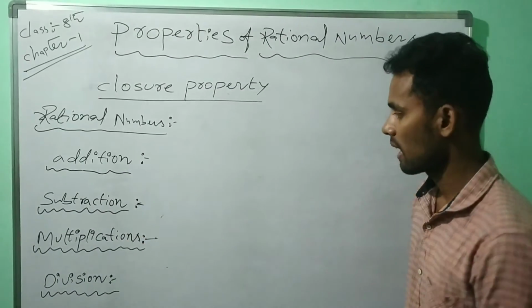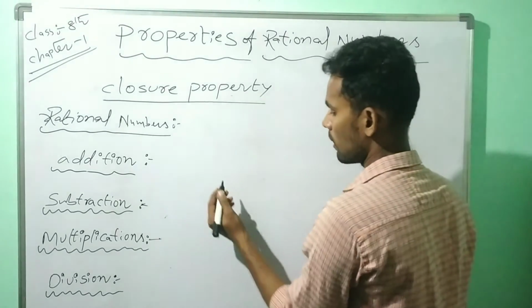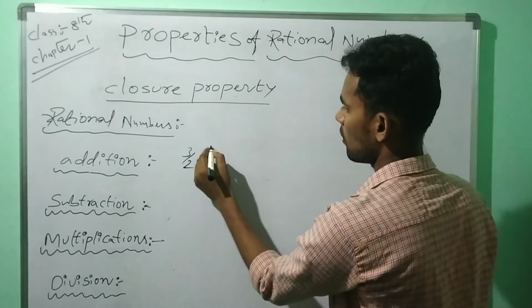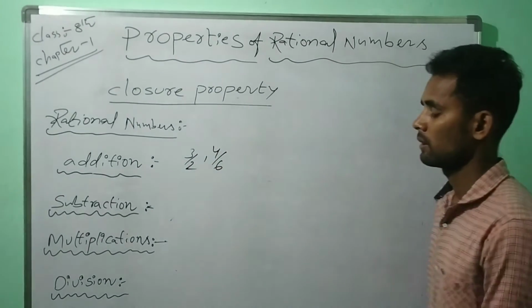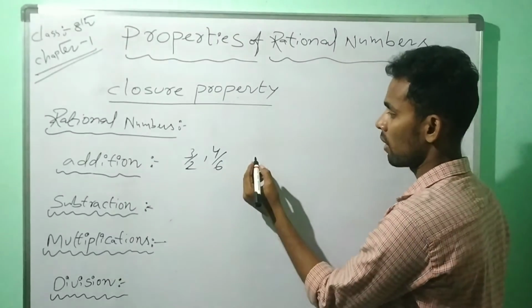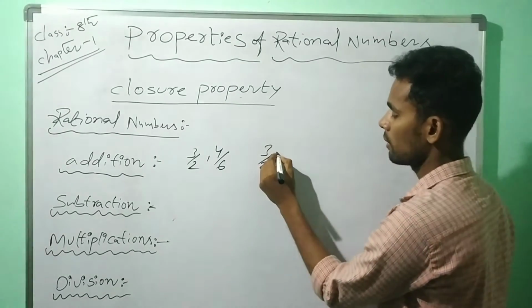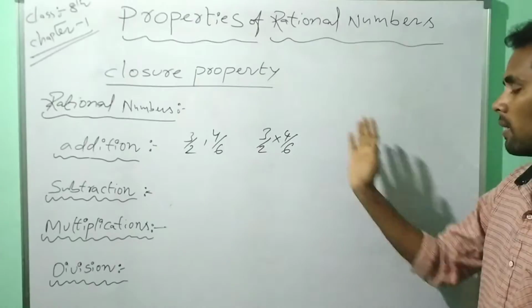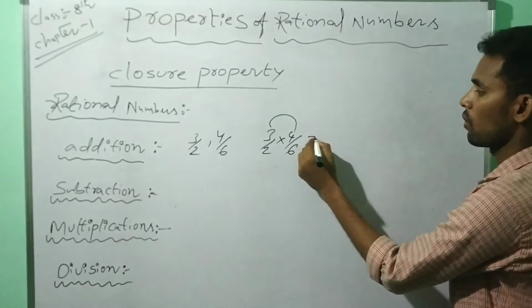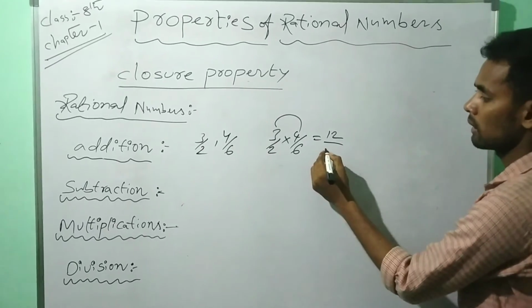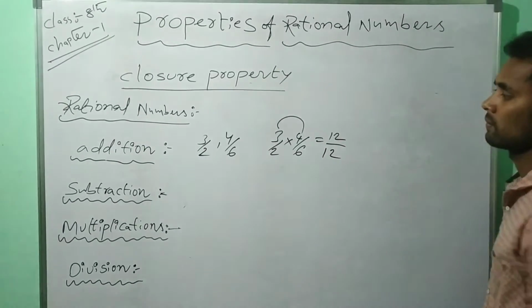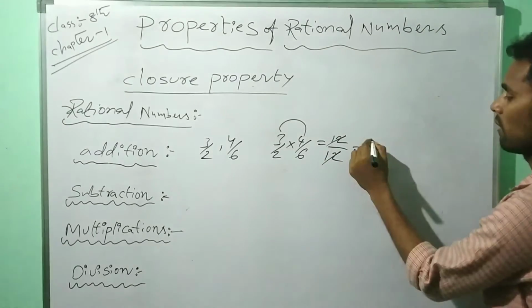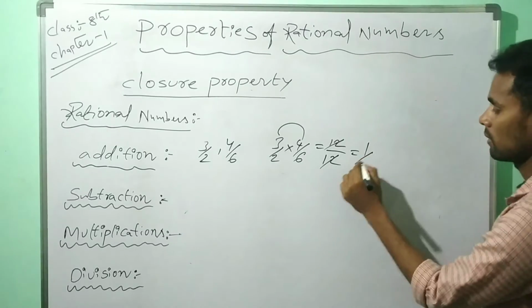Next, multiplication. Any two rational numbers, I take 3 by 2 and 4 by 6. What is the product? 3 by 2 into 4 by 6. Multiply numerator and denominator. Numerator 3 fours are 12, denominator 2 sixes are 12, so 12 by 12 is 1, a rational number.